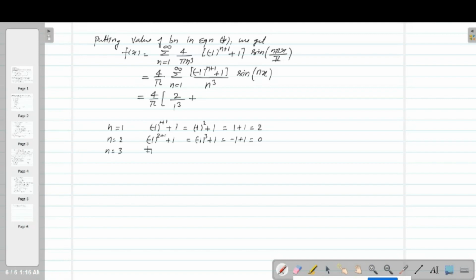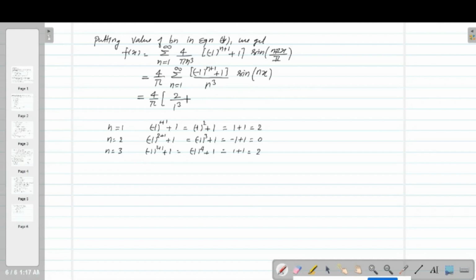So this is minus 1, 3 plus 1 and plus 1. So this is minus 1 raised to 4 and plus 1. So this is positive, so 1 plus 1 equal to what? 2. So in the even case this will be 0. Okay, in the even case it is 0, only the odd case survives.